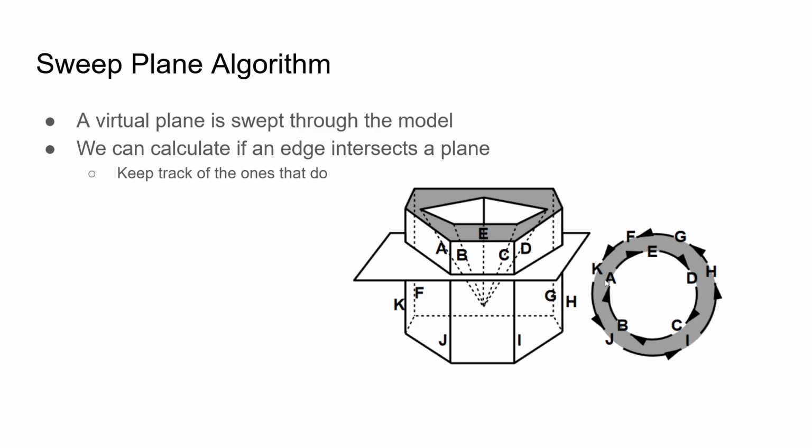So you can see here at this particular slice, F, K, J, I, H, and G. These edges, that's what these letters are representing, the edges. They all link together there. And then in the interior here, we've got A, B, C, D, and E. They're also linked together, and we see that they are intersecting that plane.